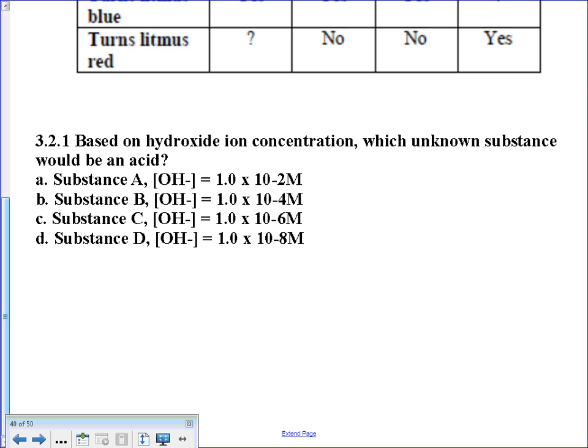Courtney, tell me your logic here. I said D because for the hydroxide concentration, it's 10 to the -8, and so that means that the other concentration would be 10 to the -6, and that's greater than.